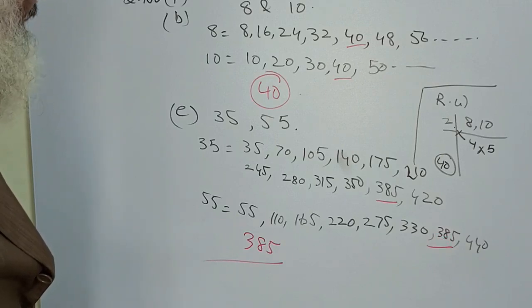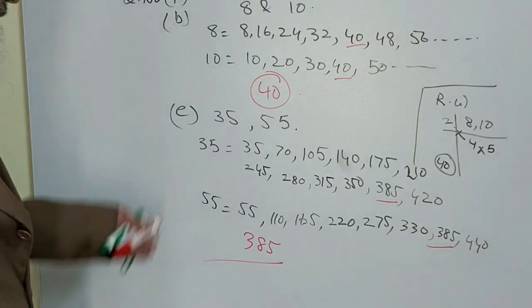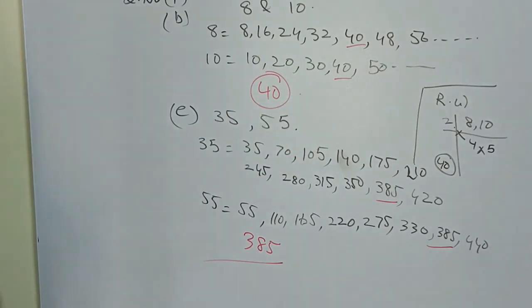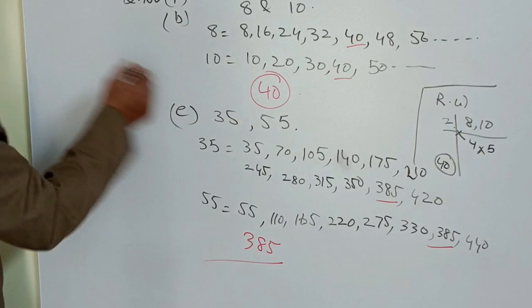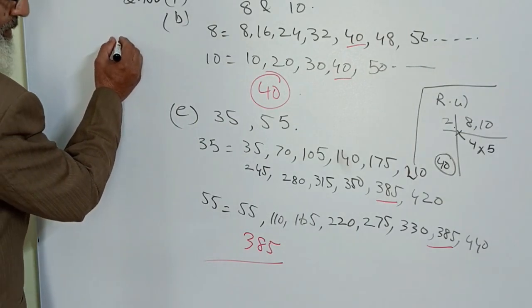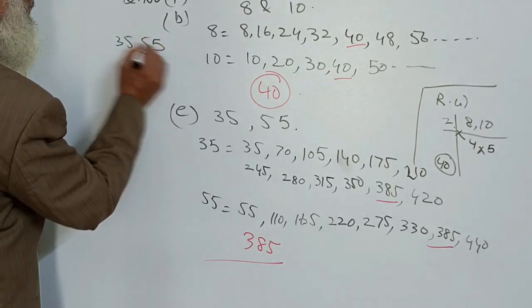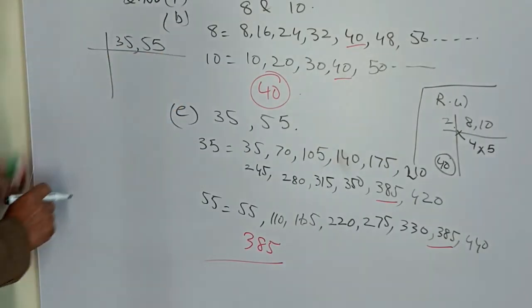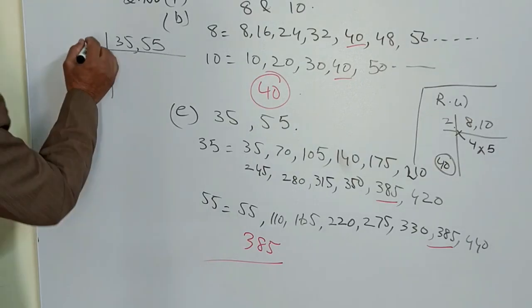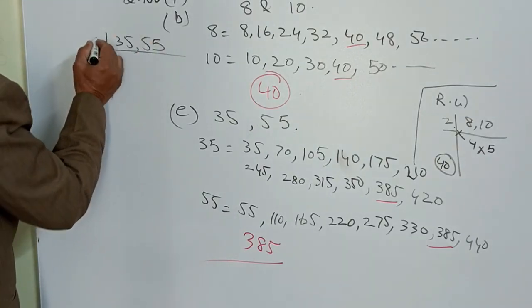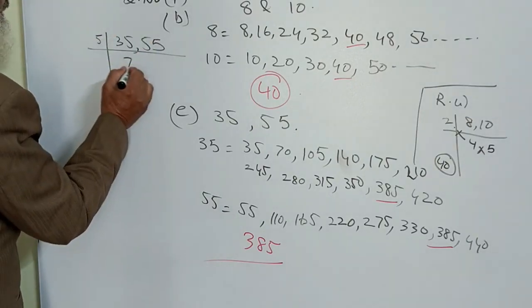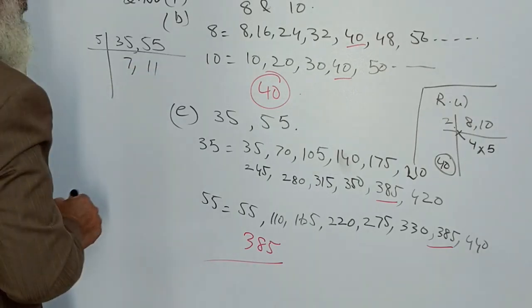Now the answer is 385, but I'm going to solve this question also with that method. See here, what were the numbers? 35 and 55. The lowest divisor is 5, not 2, not 3. It is 5. 5 sevens are 35, 5 elevens are 55.